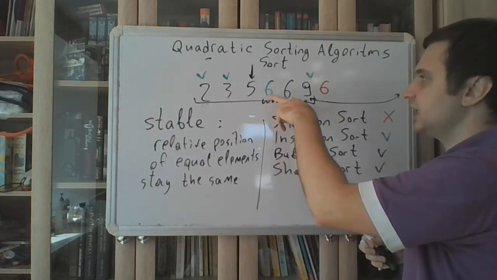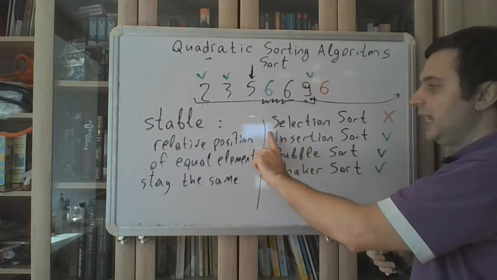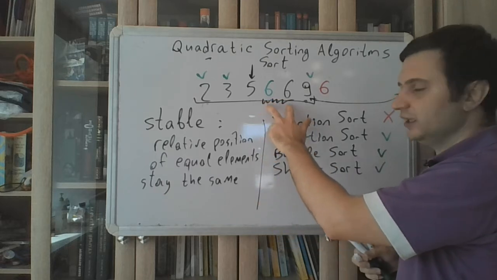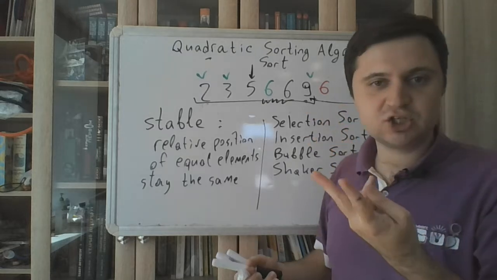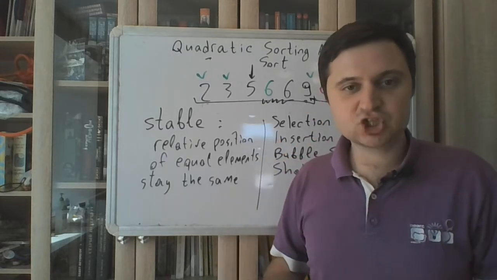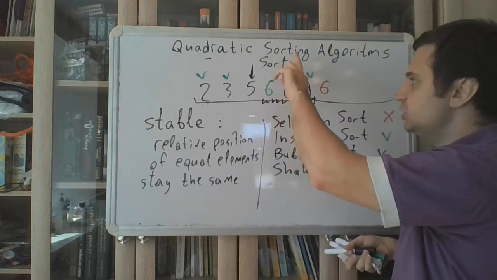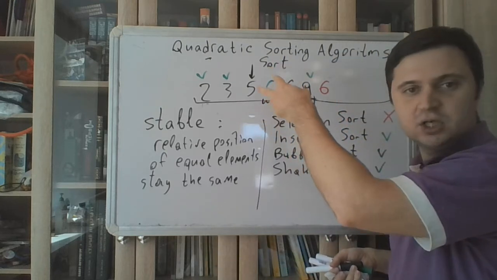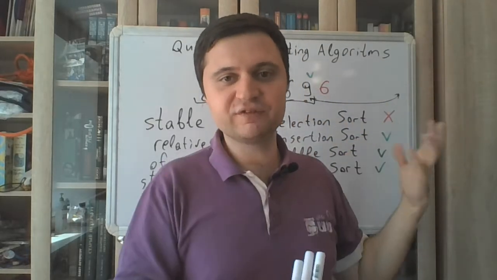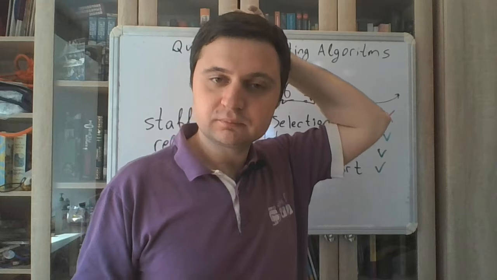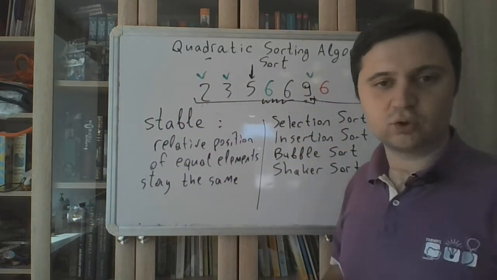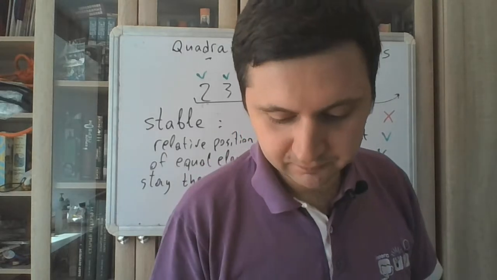And when two 6s are in neighboring positions, any algorithm of such family, even if it compares this pair, says, okay, they are equal, I don't change them. So such an algorithm cannot, by definition, change the relative position of the 6s. So all algorithms of this family keep the relative order of 6s the same, and therefore are stable. So three of the four sorts we learned are stable.